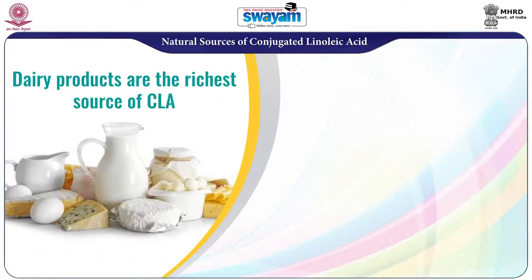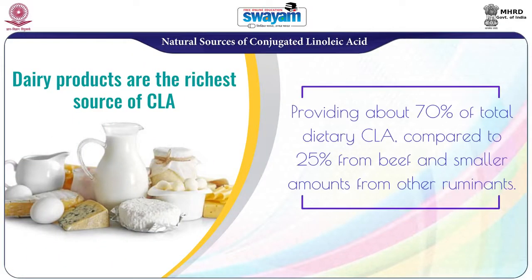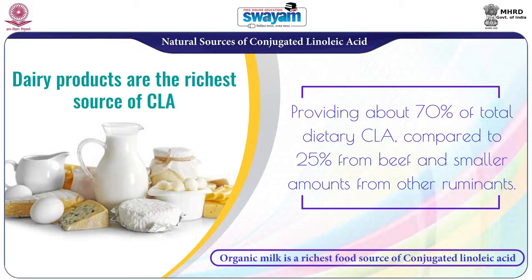Dairy products are the richest source of CLA, providing about 70% of total dietary CLA compared to 25% from beef and smaller amounts from other ruminants. Among all, organic milk is the richest food source of conjugated linoleic acid.